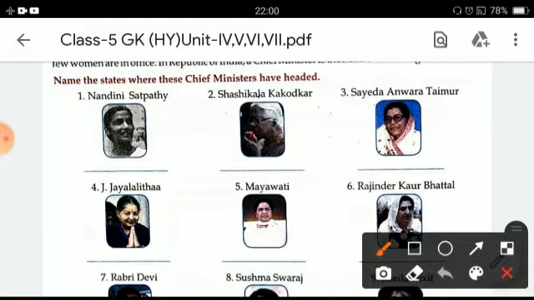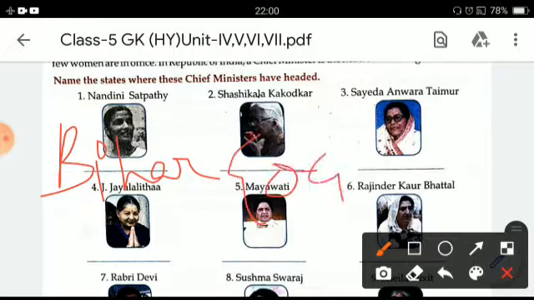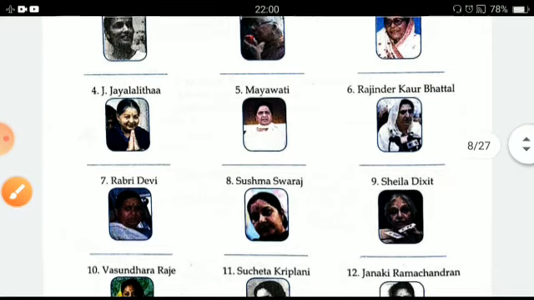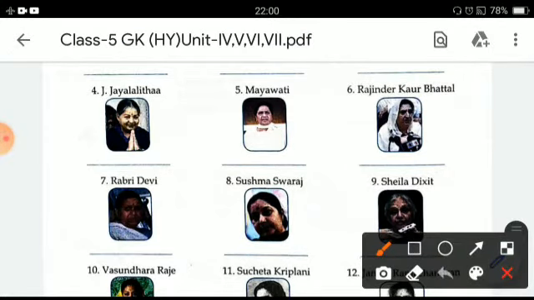The first person is Nandini Satpathy, and she belongs to the state of Bihar. Shashikala Kakodkar from Goa. Saida Anwara Taimur from Assam. J. Jayalalitha from Tamil Nadu.